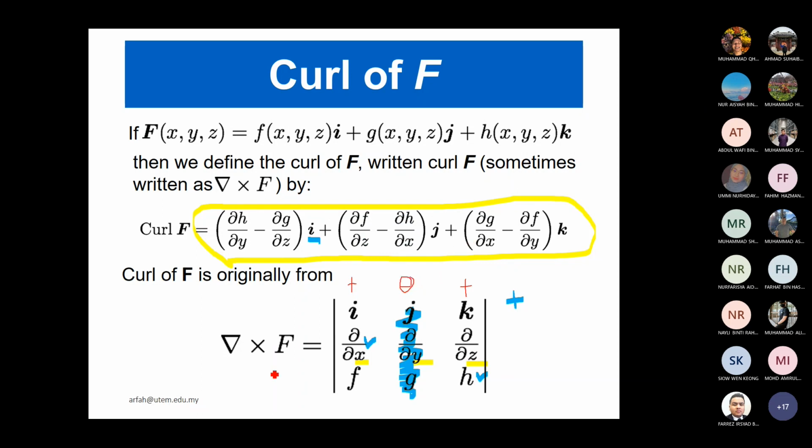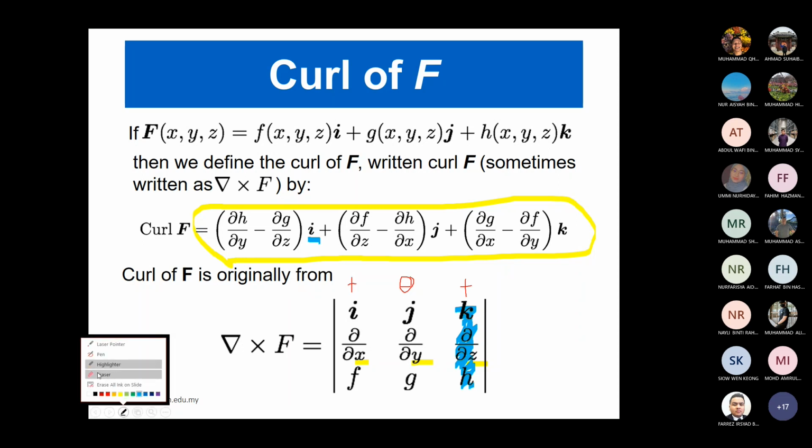Okay. And untuk k component, then you are going to tutup pula the column of k. Okay. So tutup the column of k over here. So tutup column k, then nanti awak akan dapat dia punya this one. Okay.